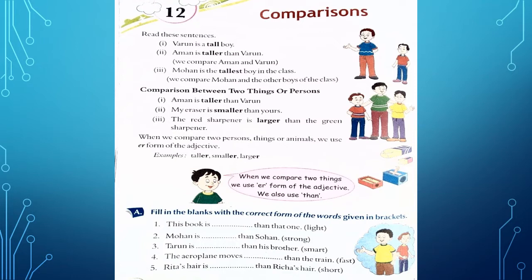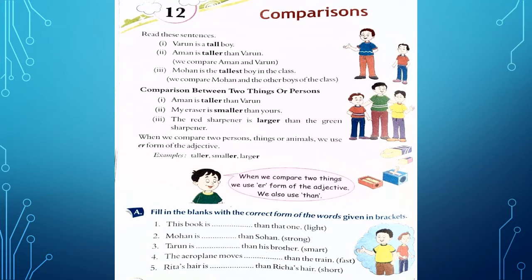Children, when we compare two persons, things or animals, we use the er form of the adjectives like taller, smaller and larger. Here is the definition of comparison of two things. What is it? When we compare two things, we use the er form of the adjectives. But the main thing is we also use than. But where? We will see in our exercise A.